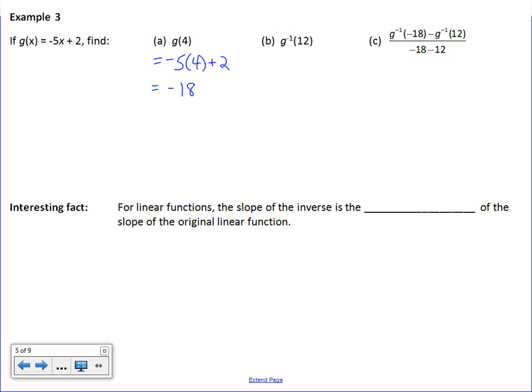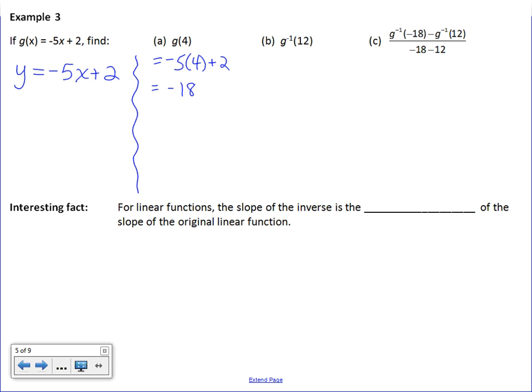Now, for B, g inverse of 12. Well, I don't have my inverse function, but I do have a little bit of space over here. Let's see if we can remember how this works. How do I find the inverse of a function? You start by rewriting it y equals negative 5x plus 2, right?